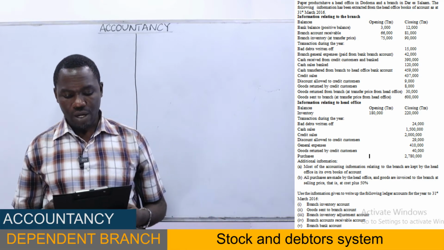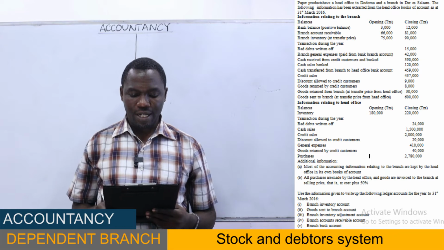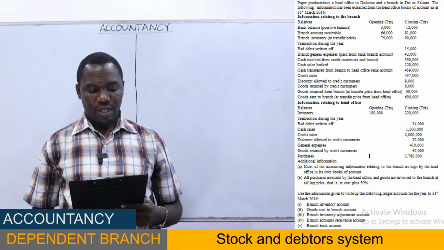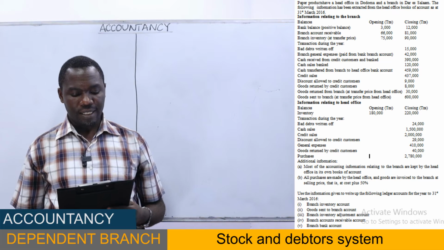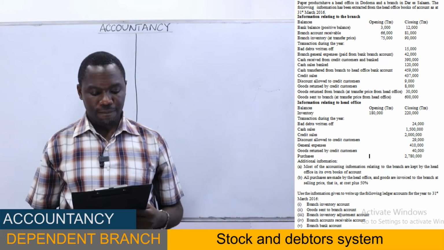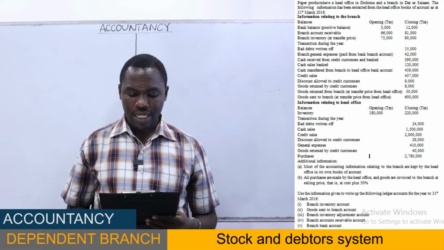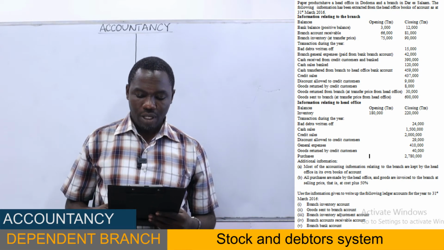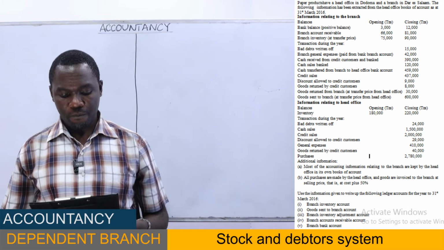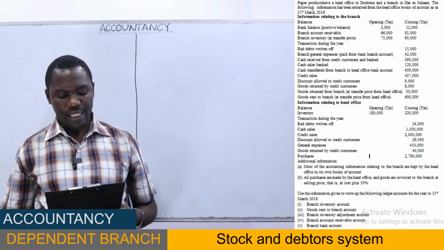That was 42,000. Cash received from credit customers and banked, 390,000. There were cash sales banked, 120,000. Cash transferred from branch to the head office bank account, that was 459,000. There are credit sales, that is 437,000.